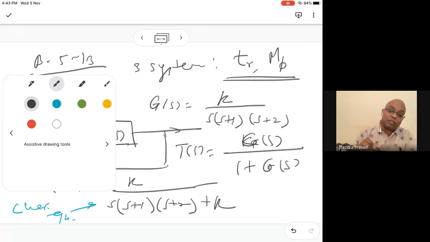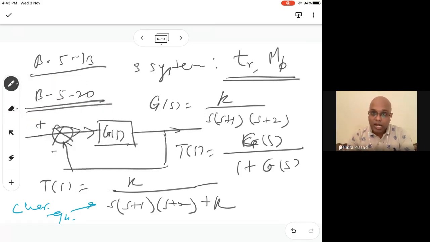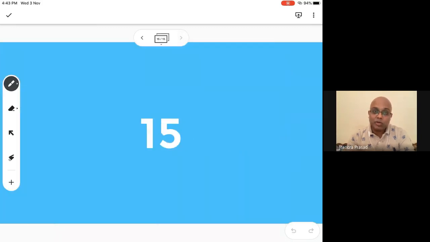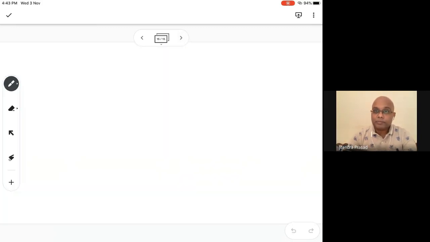Okay, once you have the characteristic equation, the next thing will be to use the Routh criteria.